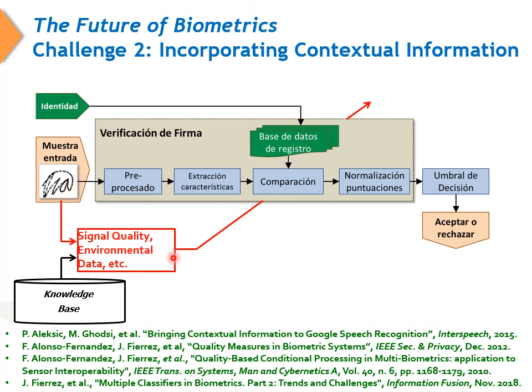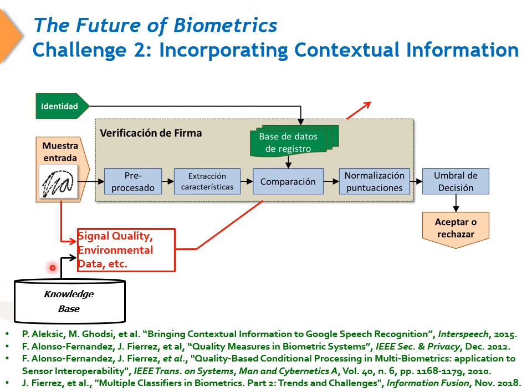And then with that, we adapt some parts of our system. Perhaps based on that, we modify the pre-processing, we modify the score normalization, we modify the decision threshold. So a smart, adaptive way to really include contextual information continuously over time.